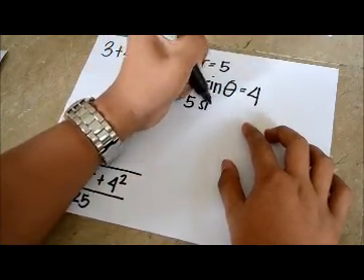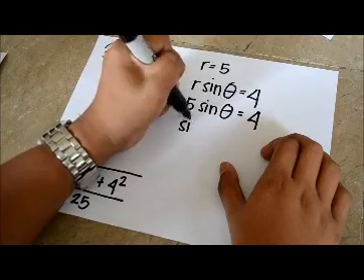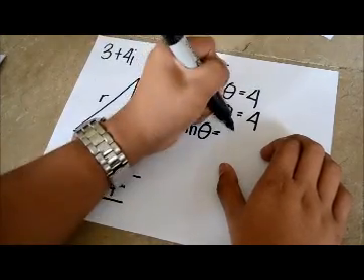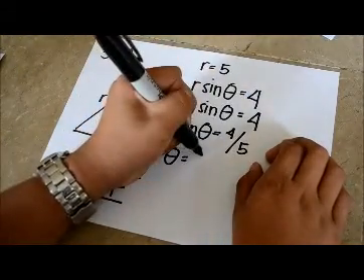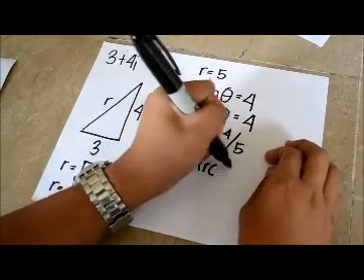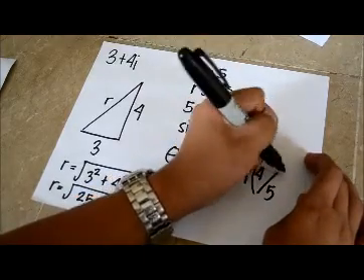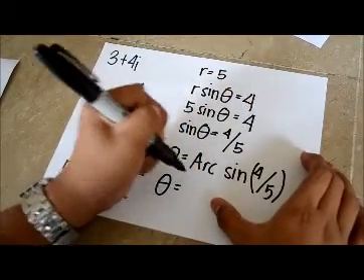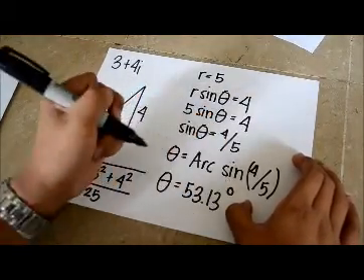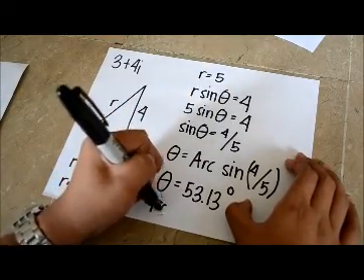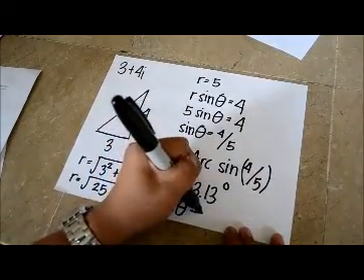And then we get theta. Now we substitute r and theta to get the answer in the form of r cis theta.